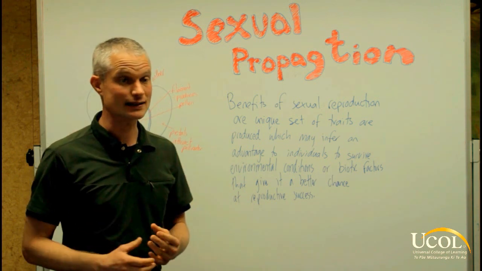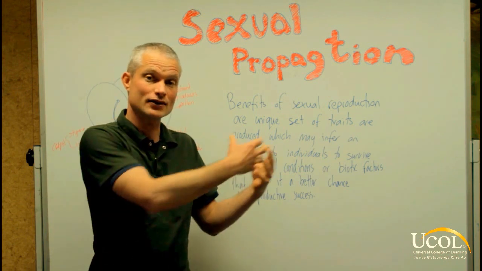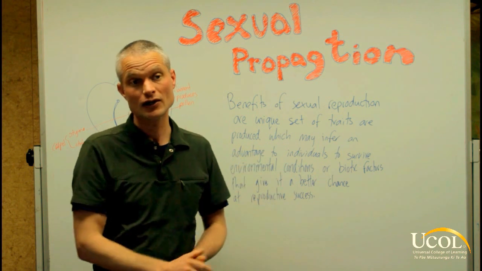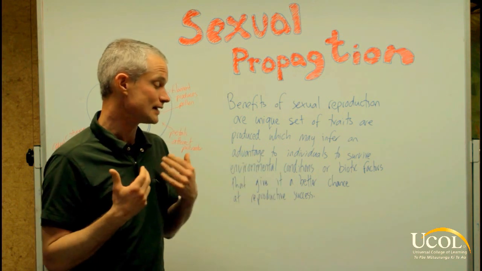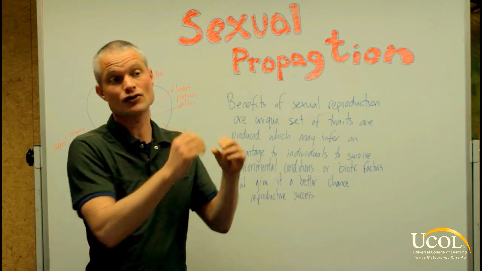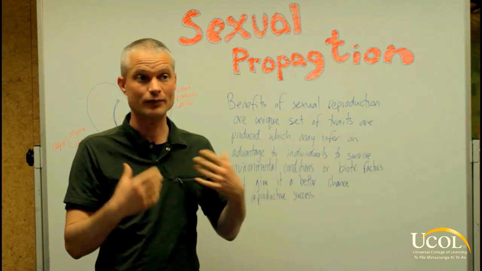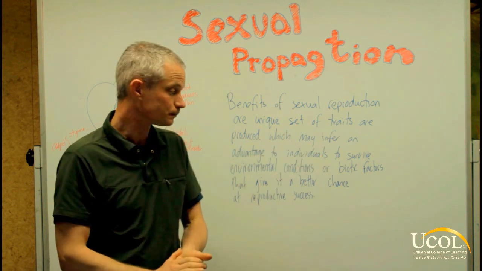Any of those traits that allow it to reproduce more successfully and pass on its own traits to its own offspring will be said to have given it a competitive advantage, and those traits will be passed on to successive generations in a process that we refer to as evolution.